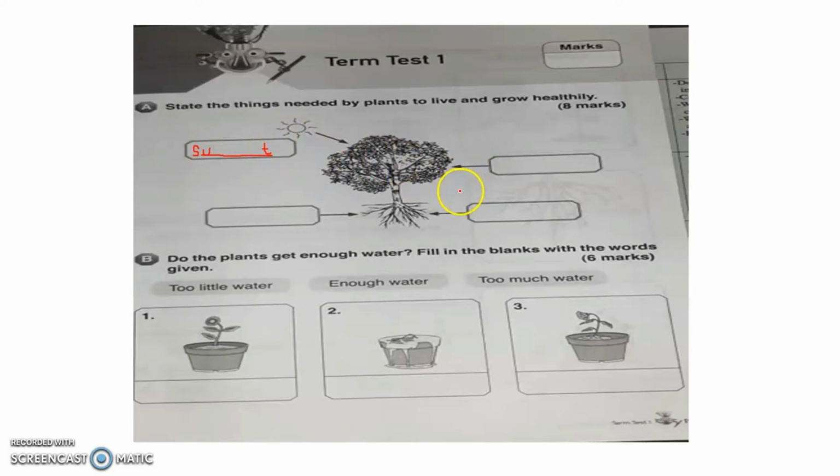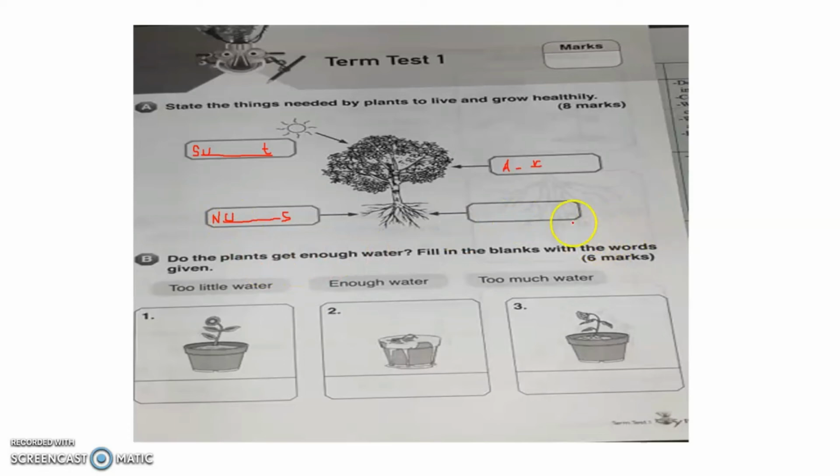So next we have letter A. A blank R. And also we have N. Okay, and the last word here is nutrients. Okay, NU.